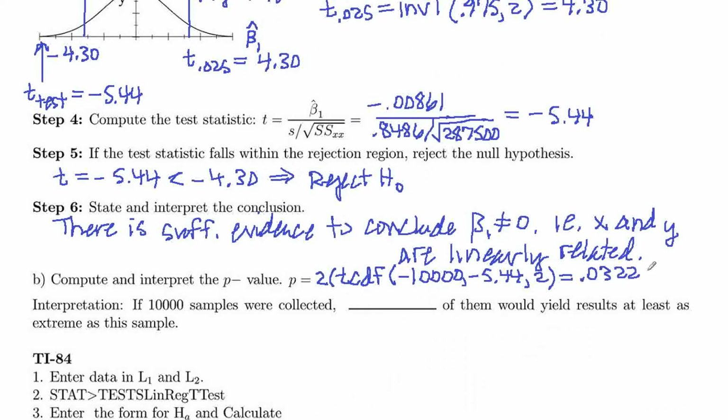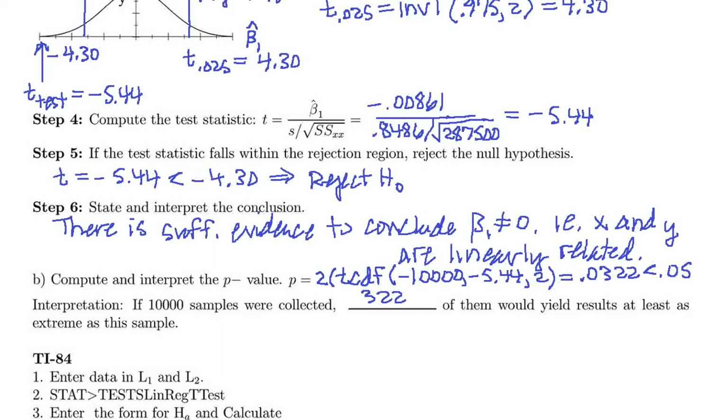And we notice that that is less than 0.05, which was our alpha, so it's still telling us to reject from the p-value method of doing a hypothesis test. Interpretation, if we had 10,000 samples that were collected, then this is 322 out of 10,000, so 322 of them would yield results at least as extreme as this sample.